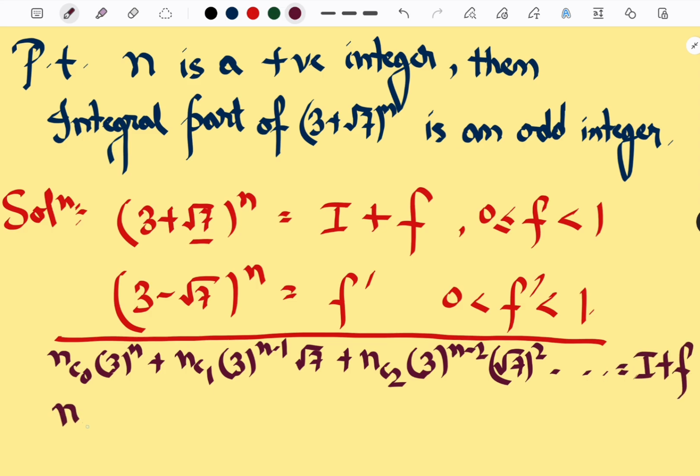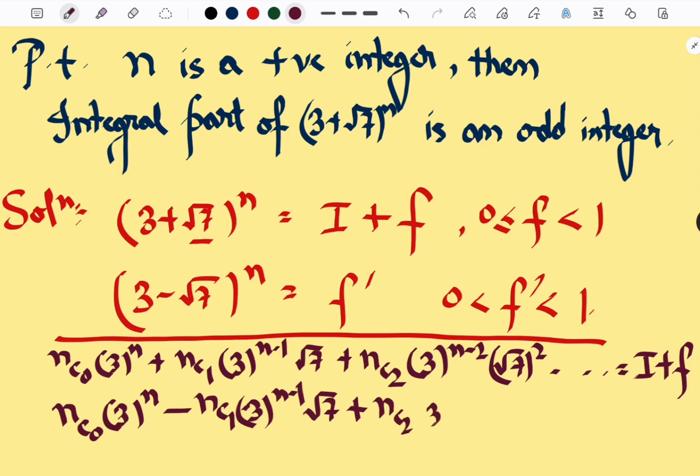Now for the second one it will be nC0 3^n, wherever there was a negative sign it will be included here, 3^(n−1) √7 + nC2 3^(n−2) (√7)^2. This is equal to f'.